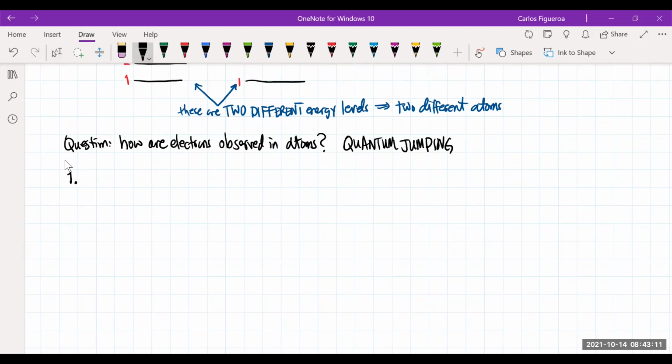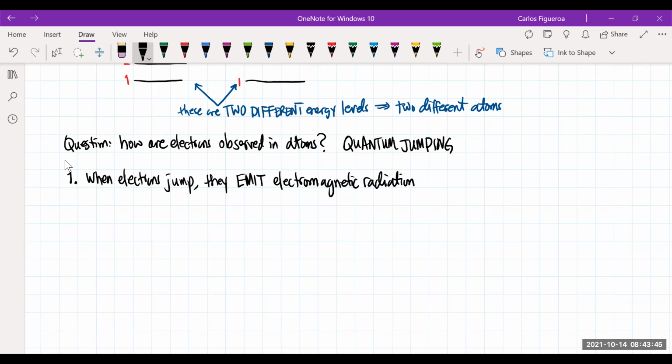One, when electrons jump, they emit electromagnetic radiation.